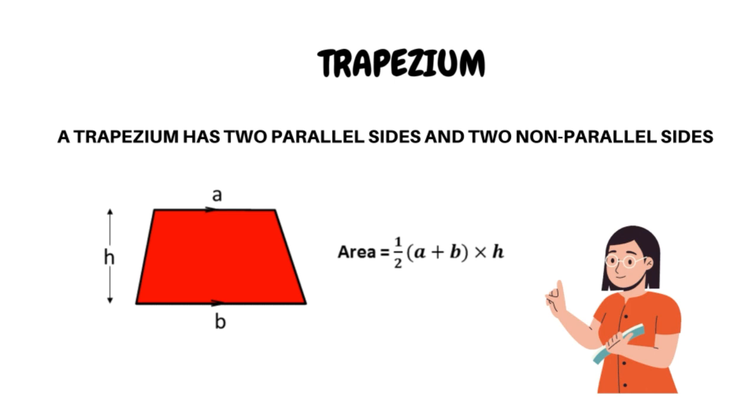So if the parallel sides of the trapezium are A and B and the distance between them is h, then the area is half A plus B into h.